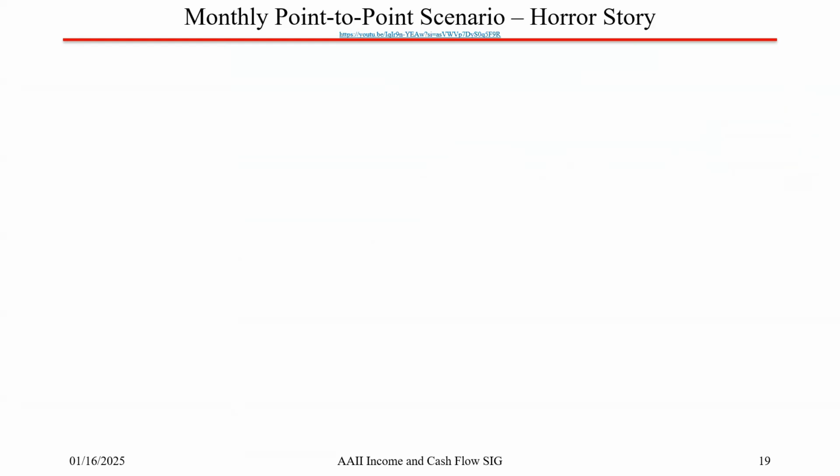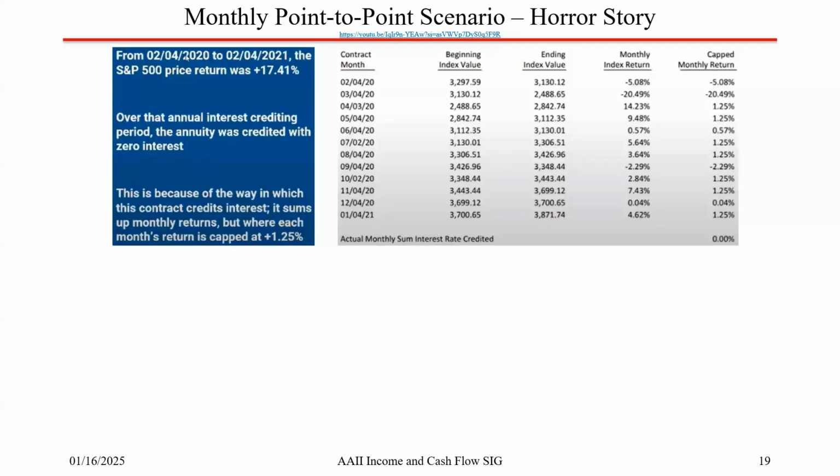Go ahead. All right, so from February 2020 to a year later, the S&P was up 17%, and if you do the monthly point-to-point scenario, if you look at the table, you can see that you got like 3 negative monthly returns from the index, right?